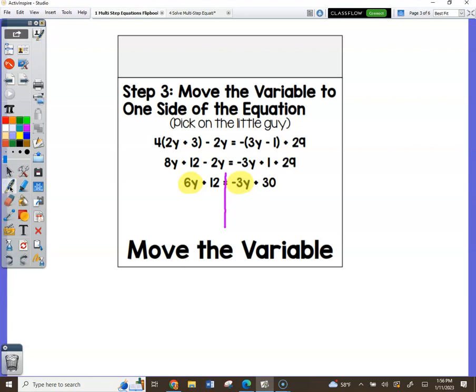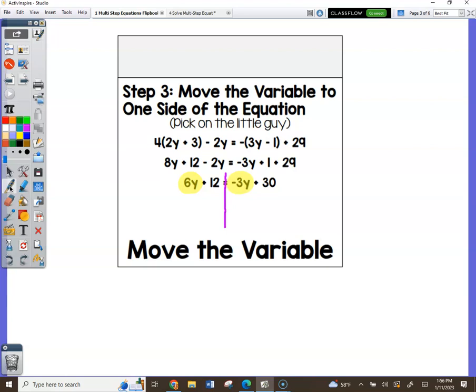You can move whichever one you want. You will notice as you see me work problems on the board, I tend to move the one with the smaller coefficient because if you do that, you run into less negative numbers. Some people like their variables on the left every time, and then in that case, sometimes you may get a negative.